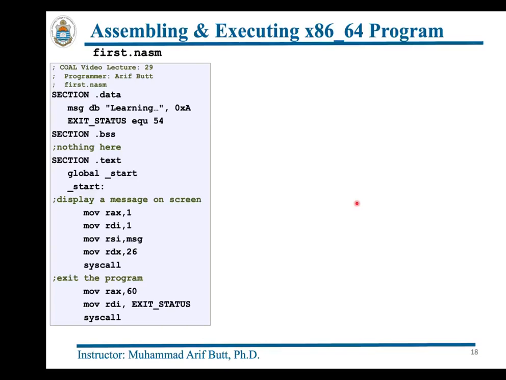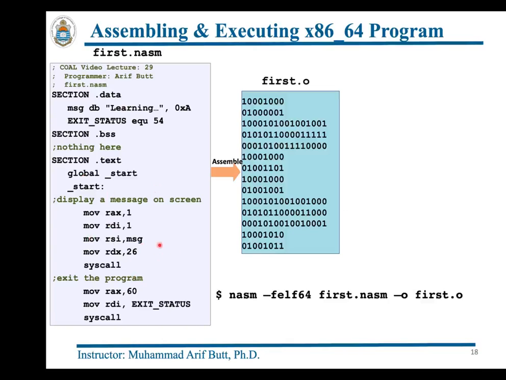Okay, well, to assemble this first.nasm file, you use the nasm assembler and give this command on the terminal line. This nasm is the command. -f is the option which tells which is the file format in which you want to generate the output file.